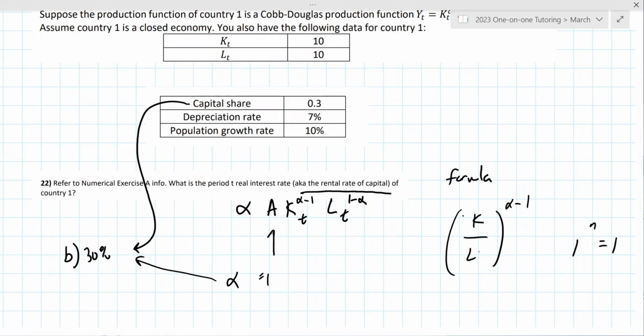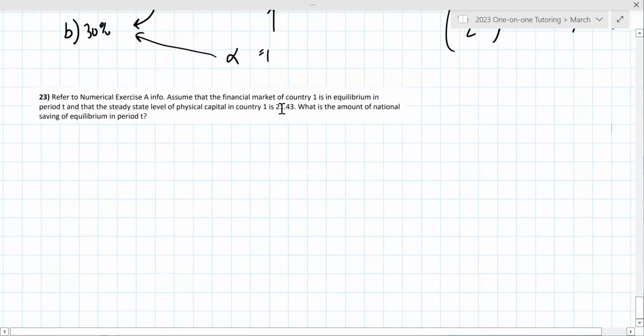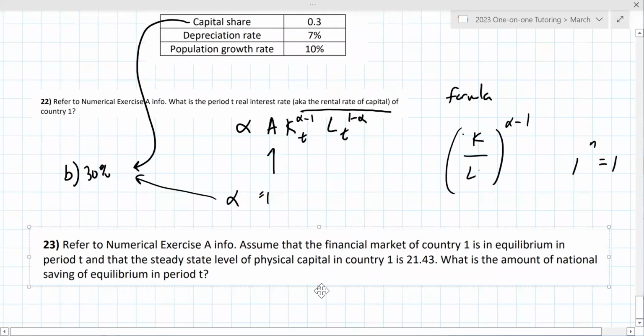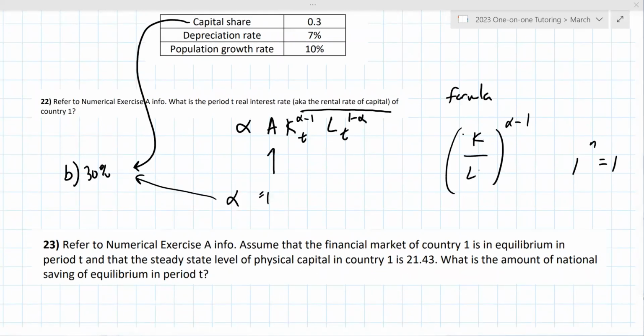Yeah. All right, 23 doesn't seem to have any steps available to it. National savings. The physical level of capital in country 1 is 21.43.